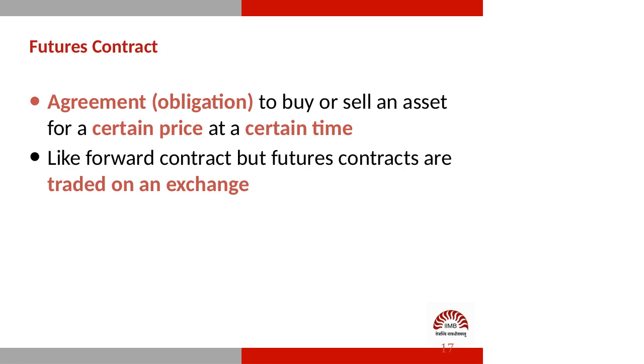What is a futures contract? A futures contract is nothing but an agreement. The first part is exactly like a forward contract. It is an agreement or an obligation to buy or sell an asset for a certain price at a certain time.